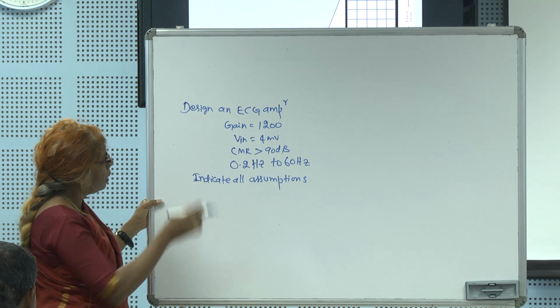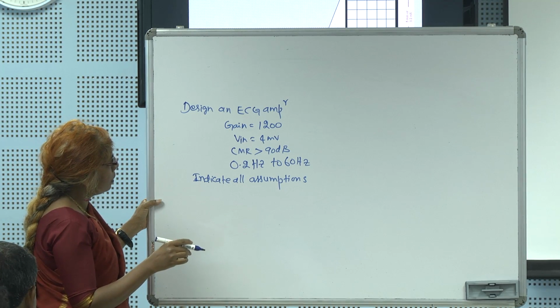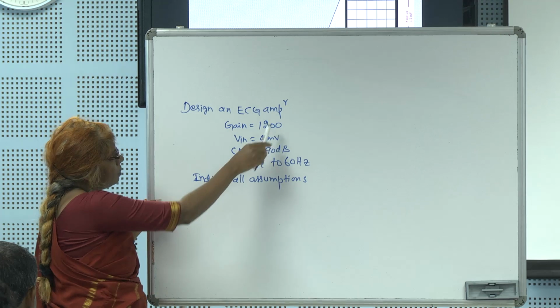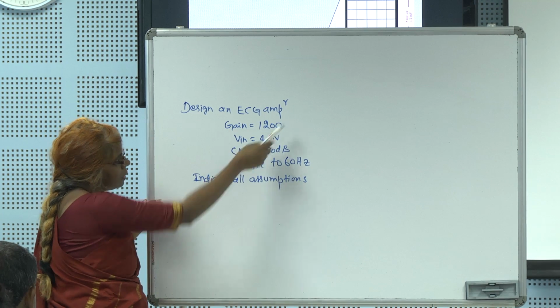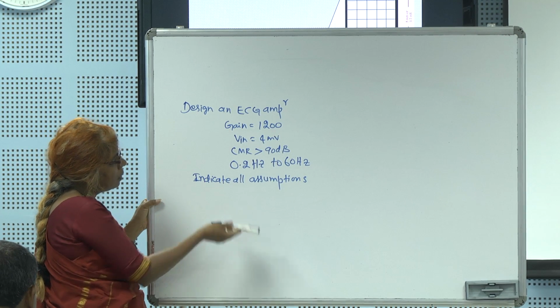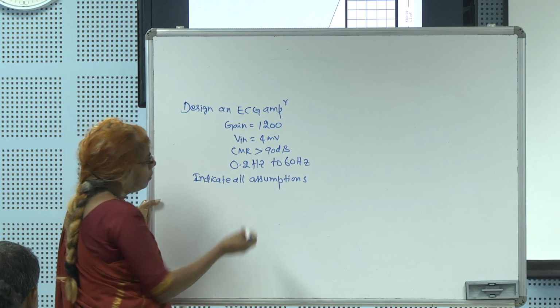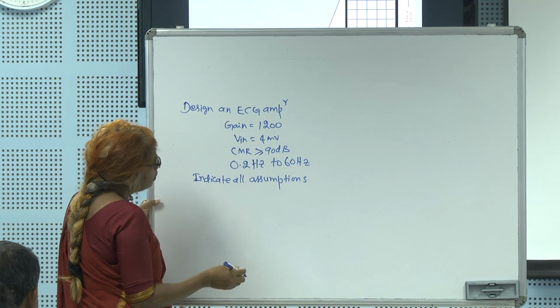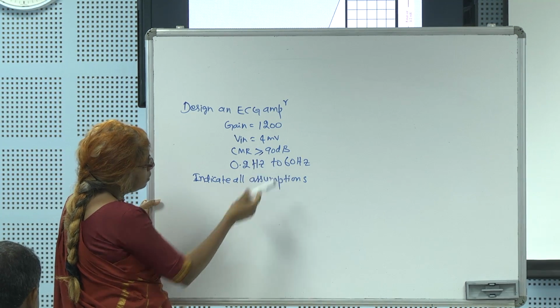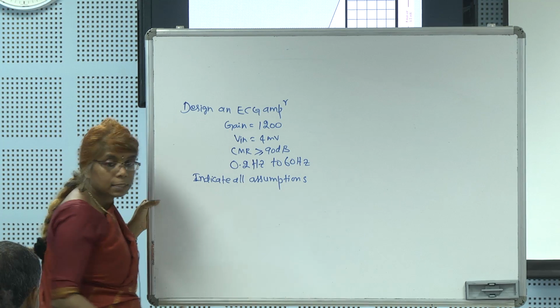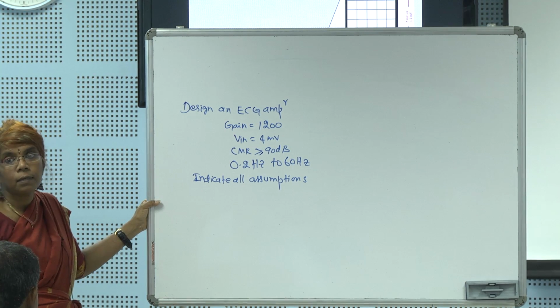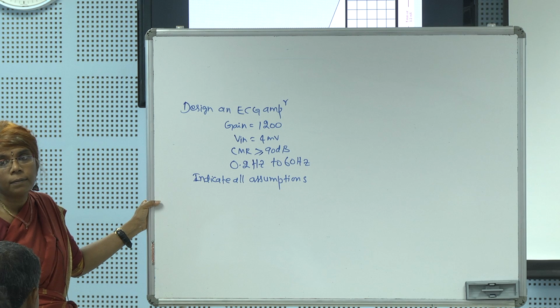I will open up the ECG example. So you know the gain is 1200, 4 millivolts, so you know what output you are expecting. CMRR is 90 dB or above, 0.2 hertz to 60 hertz. Make sense? Why is the input voltage specified? Yeah, it is redundant.